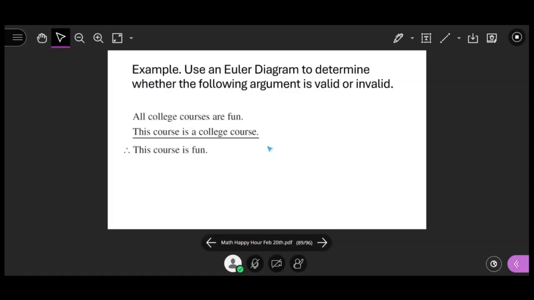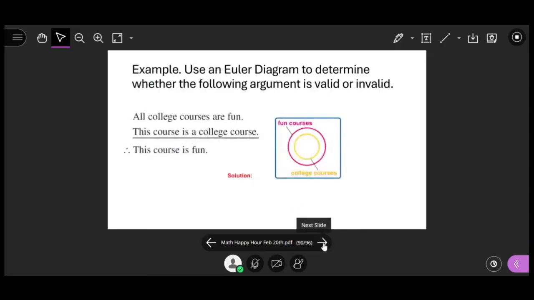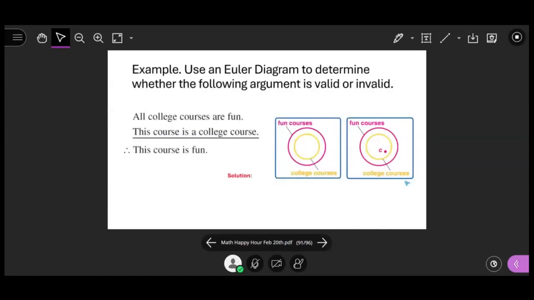All college courses are fun, so we're going to draw a circle for that statement, and then we'll continue drawing the circles. So all college courses are fun. So here's my college courses. And since they're all fun, I draw a circle around the fun. This course is a college course. So the only place that I can put a dot for the second statement is going to be inside of the college circle.